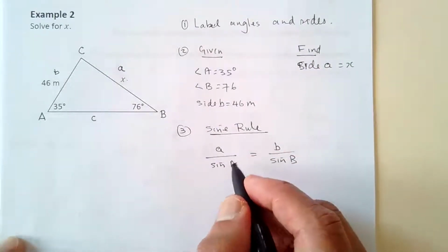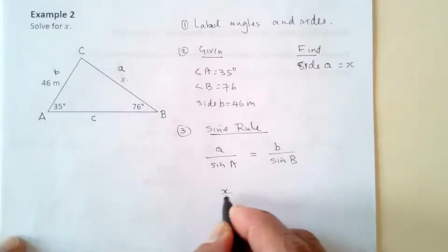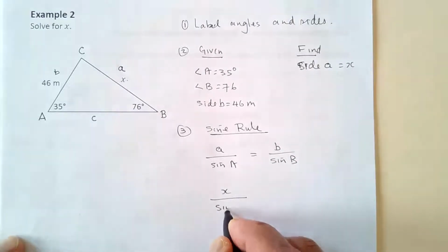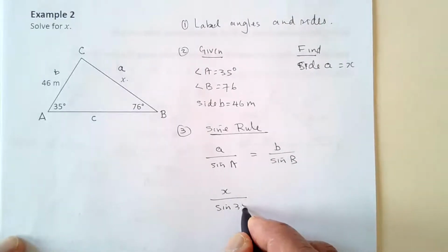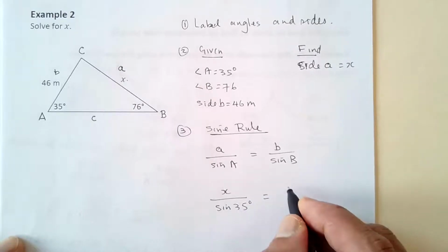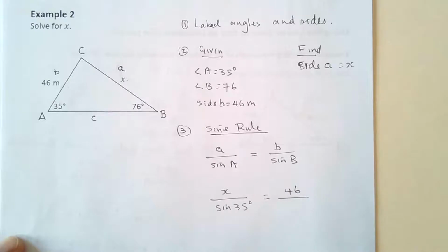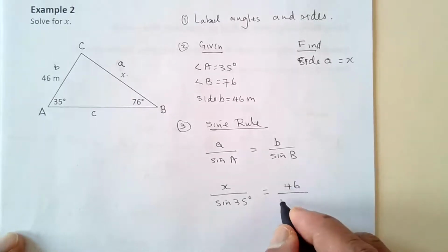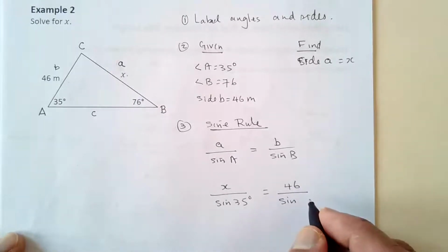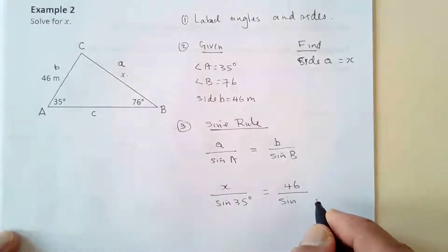So we have A, we don't know, we call it x, over sine 35 degrees, is equal to B, which is 46, over sine 76 degrees.